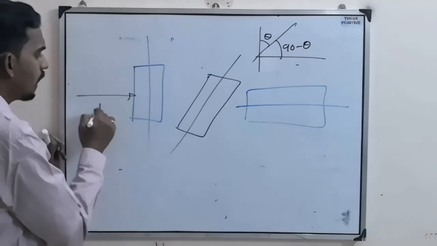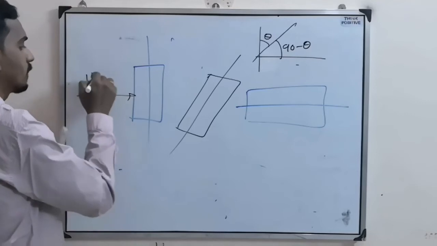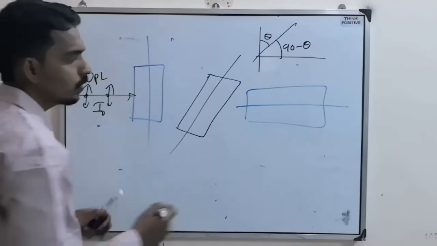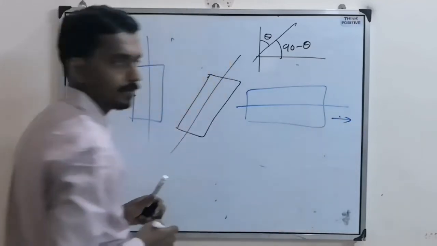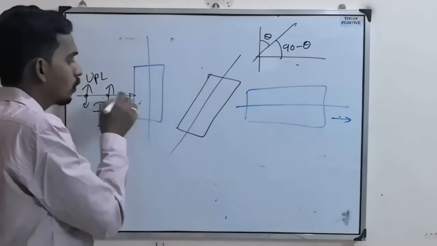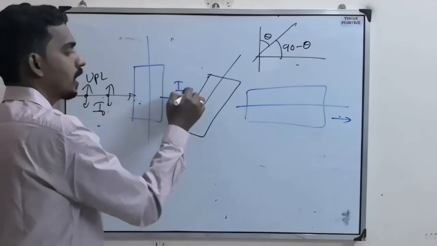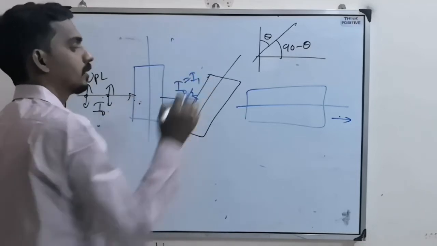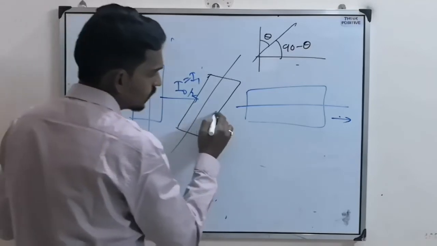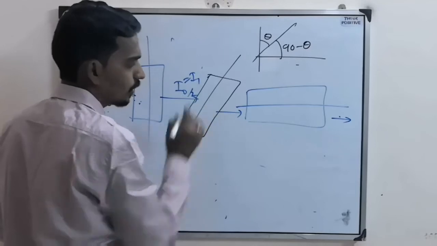Now I naught intensity falls here, this is unpolarized light. Now they are asking what is the intensity coming out here. First, this is the polarizer because unpolarized light will be converted here. So the intensity is I naught by 2, let's call it I1. Now this is the analyzer, so I1 is the intensity falling, which is I naught by 2.